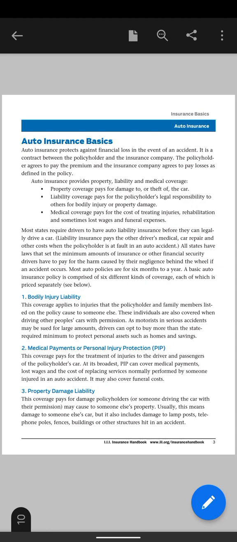All states have laws that set the minimum amount of insurance or other financial security drivers have to pay for the harm caused by their negligence behind the wheel if an accident occurs. Most auto policies are for 6 months to a year.